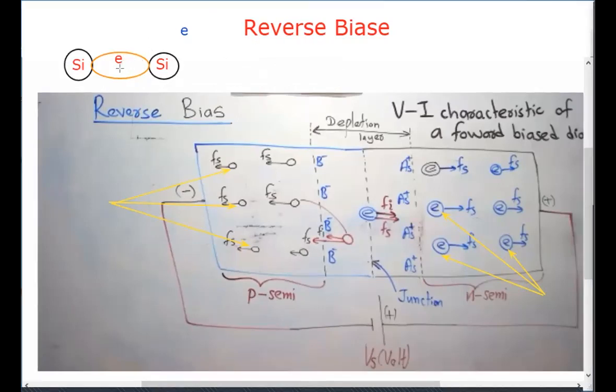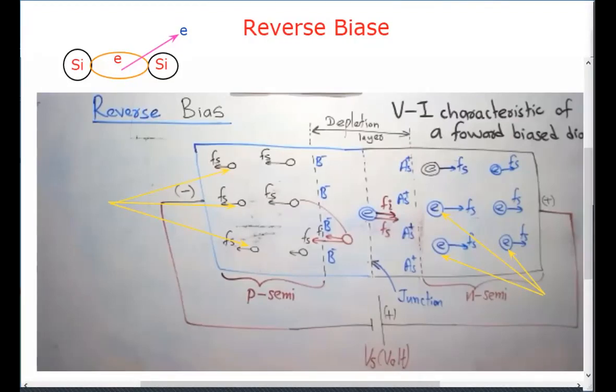When an electron leaves the bond, what will happen to the bond here? What is created in the bond? A hole is created, which is the vacancy for an electron in the covalent bond.